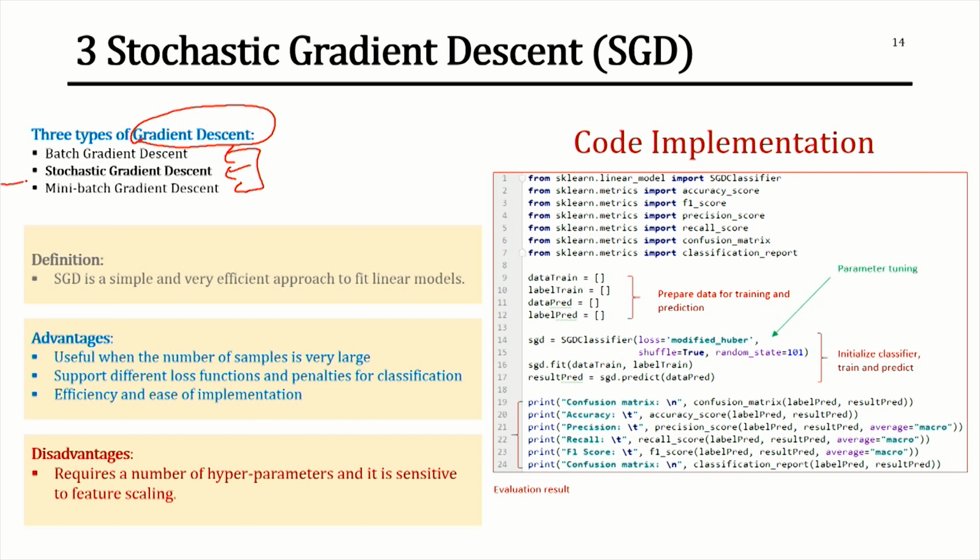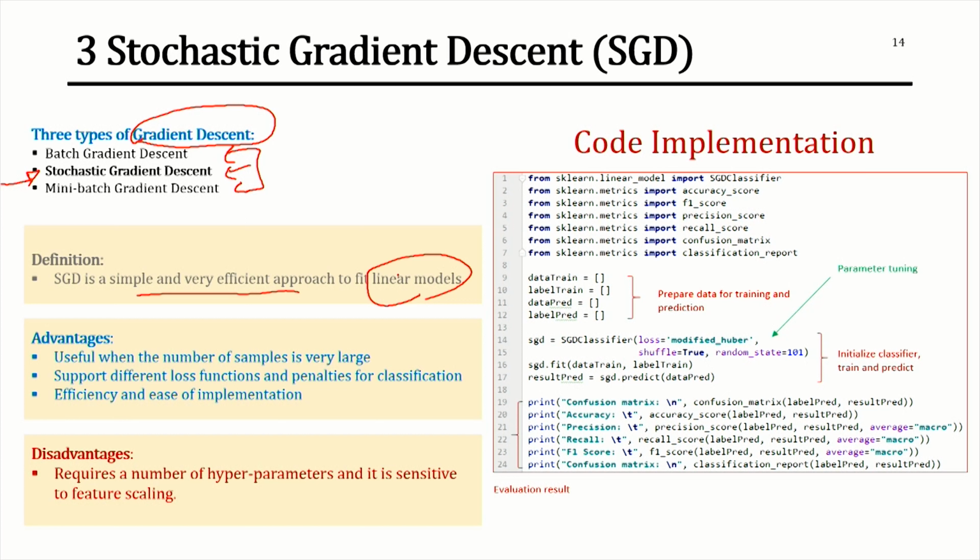However, we will take a look at this one, which gives more related information. And what is SGD? It is a simple and very efficient approach to fit a linear model. So when you have linear models, SGD is an appropriate technique that should be used.